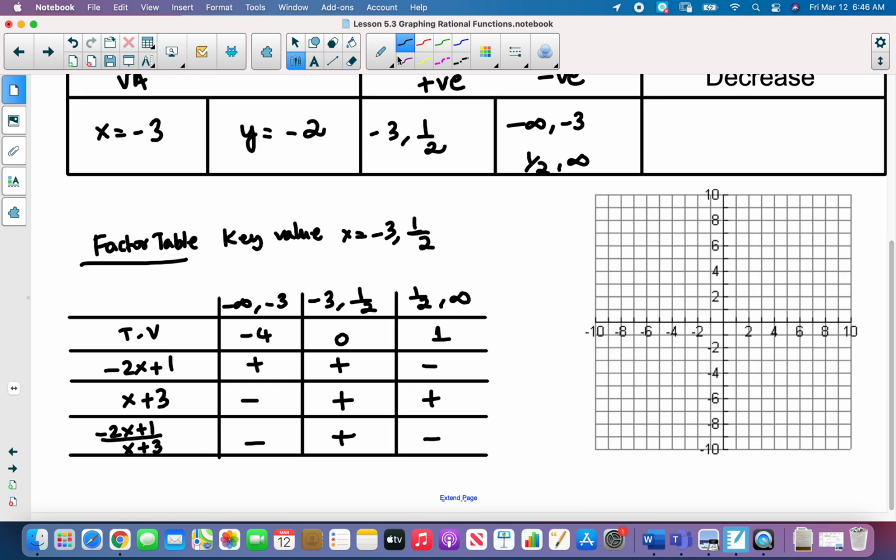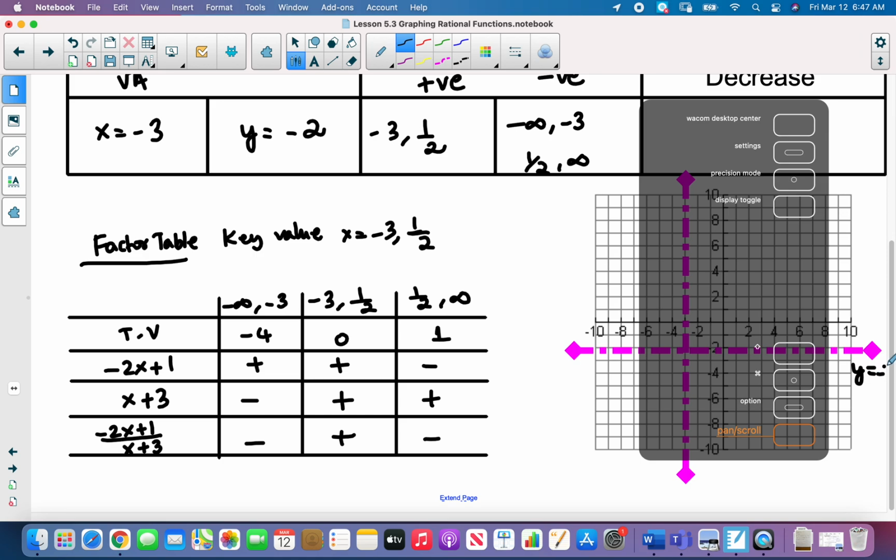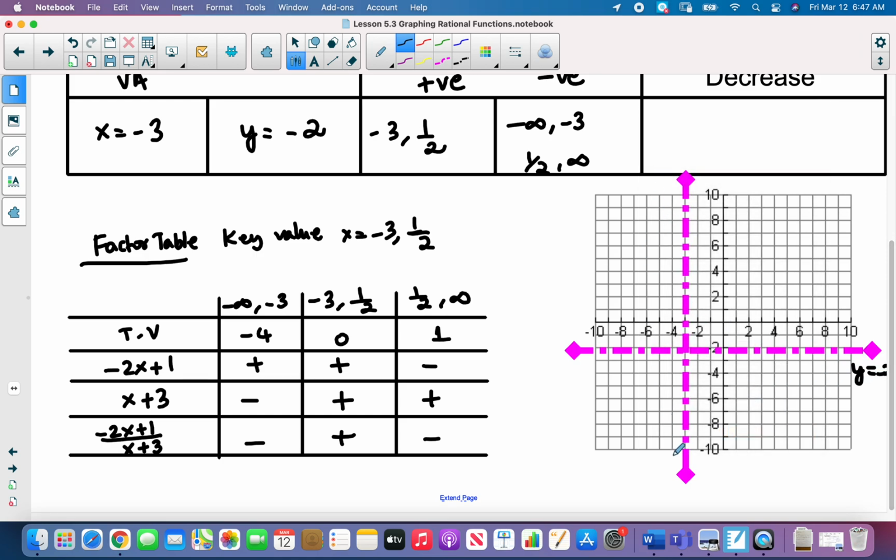Let's now go ahead and draw the asymptotes. We have one at x equals negative 3, which is right here. Our horizontal one at y equals negative 2, which is right here. We write their equations. Y equals negative 2 and x equals negative 3.